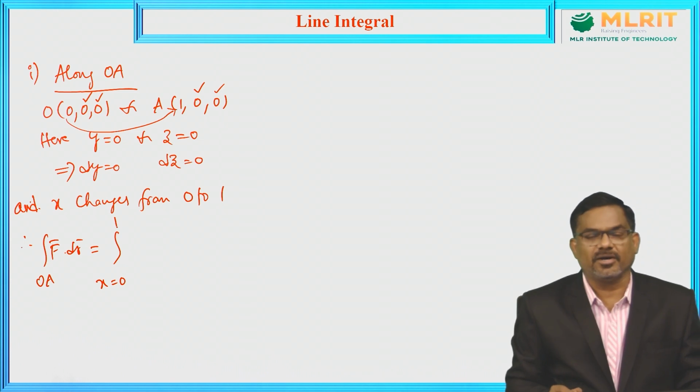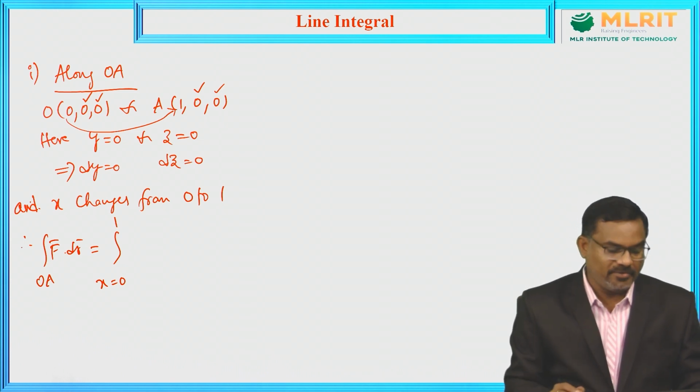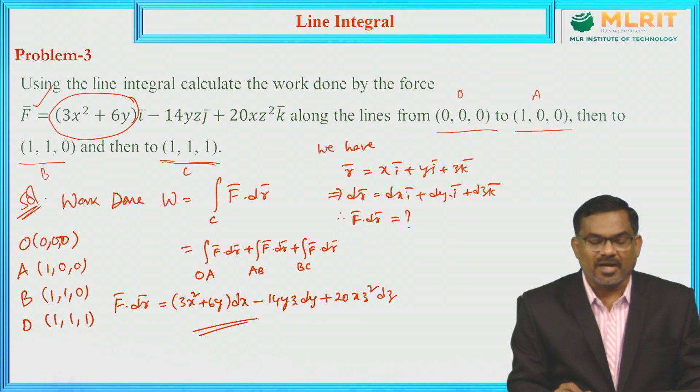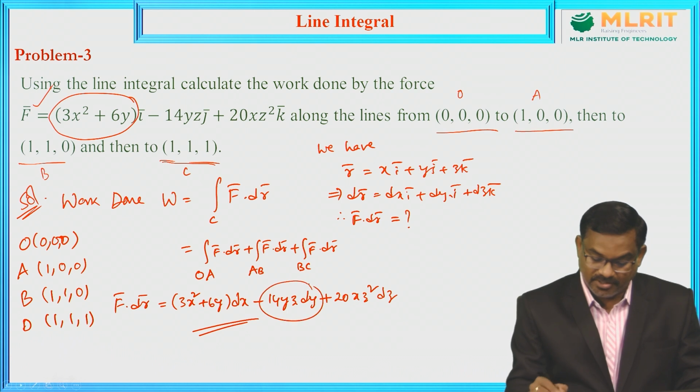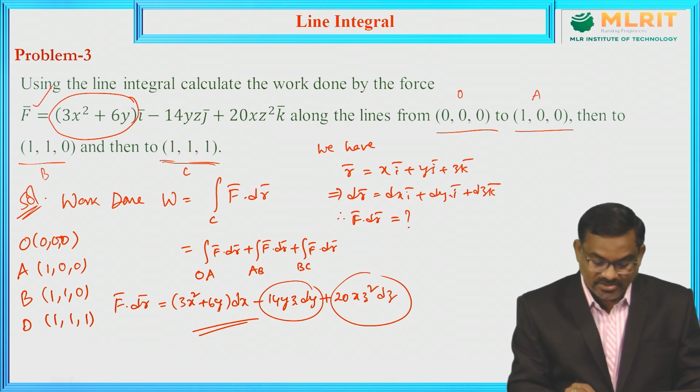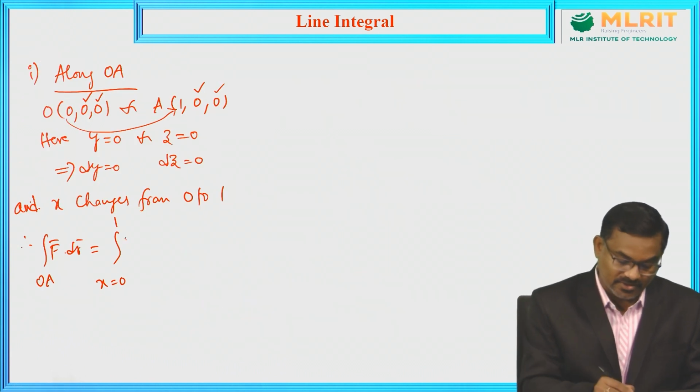Now what is F bar dot dr bar? Let us go to the previous slide. In the present problem, since y is 0, z is 0, dy is 0 and dz is 0, the last two terms vanish. Since y is 0, the 6y term also becomes 0, and only 3x square dx will remain.